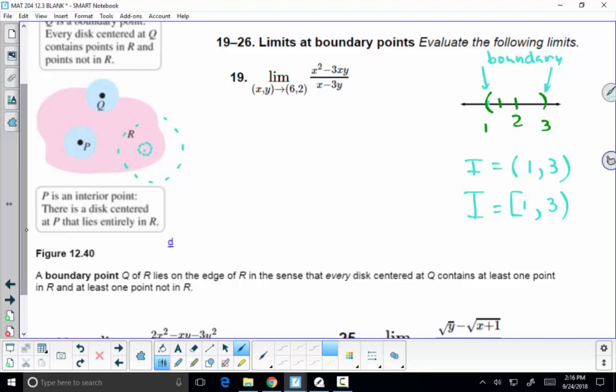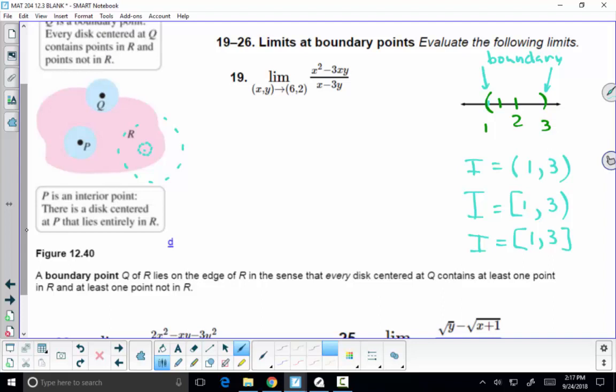Of course, you could have 1, 3 closed, and that would contain both of its boundary points. But this interval also has the exact same interior points for all 3, the exact same boundary for all 3. Okay, so that's the kind of the idea between interior and boundary.